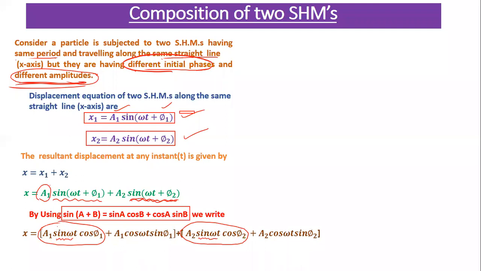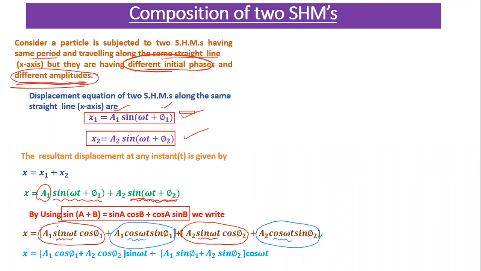And if we see term 2 and term 4, from these two we can take cos omega t common. So from 1 and 3, sine omega t, and from 2 and 4, cos omega t we have to take common.